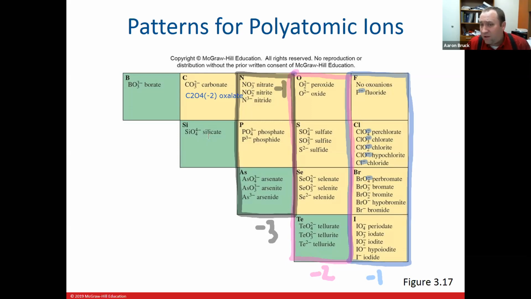Silicate is not on your list, so you don't actually need to worry about it, and we'll go ahead and cross that one out anyway. And the same thing for borate. But we can see there are patterns in here. The real key to any of this is getting in and spending the time to recognize those patterns and utilize them to help you with the memorization.